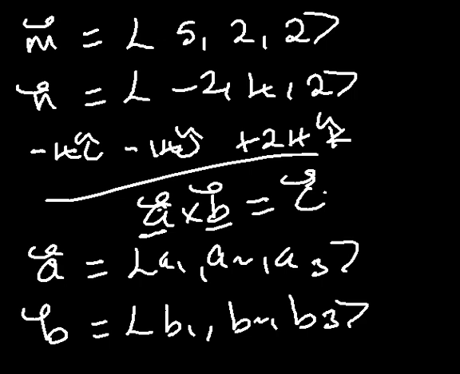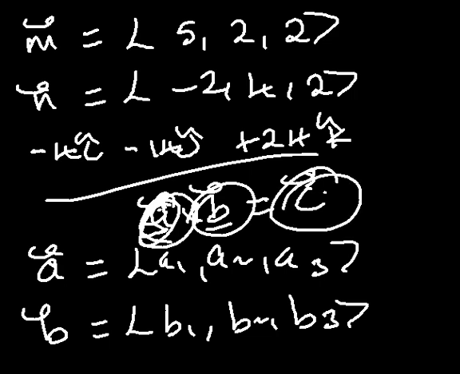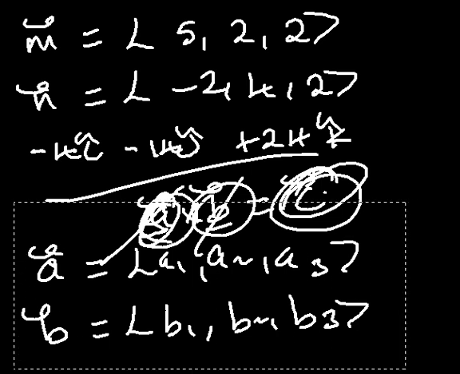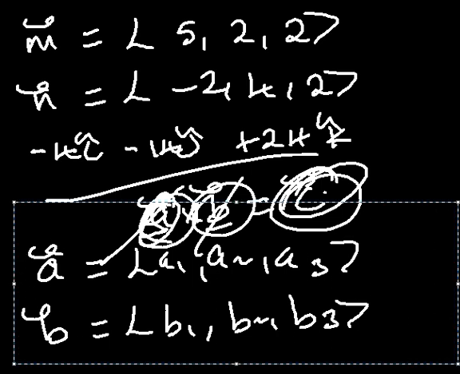So the cross product of these two vectors gives us this vector C, and vector C is perpendicular to these two vectors. That is what you call the orthogonal theory of the cross product of the two vectors.